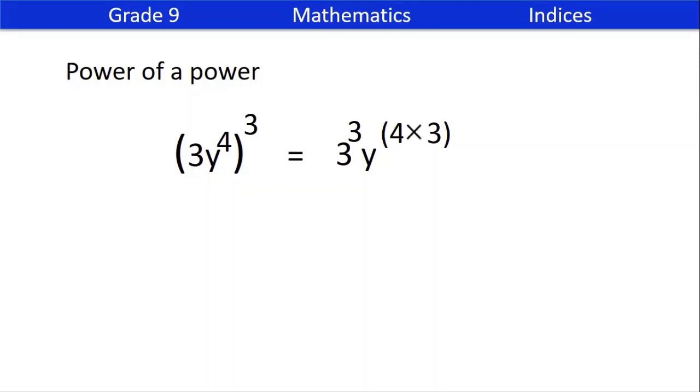So that can be written like this, 3 to the power 3, y to the power 4 multiplied by 3. And 3 to the power 3 is equal to 27, and y to the power 4 multiplied by 3 is actually equal to y to the power 12. So finally we can say the answer is 27y to the power 12.